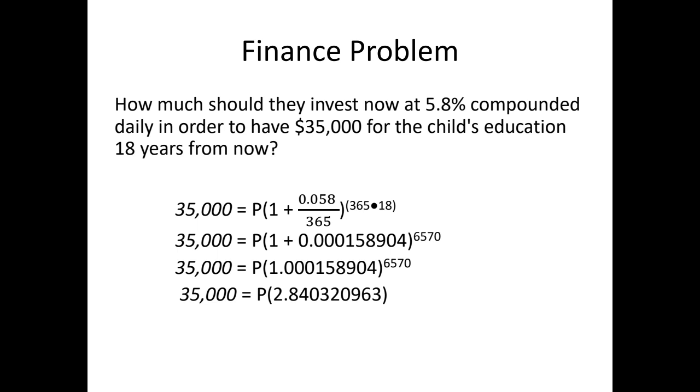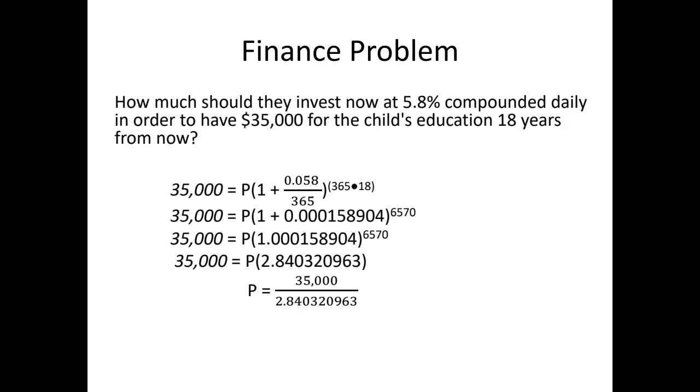So to solve for my present value P, I'm going to divide both sides by this value. So P is equal to the 35,000 over the 2.840320963.